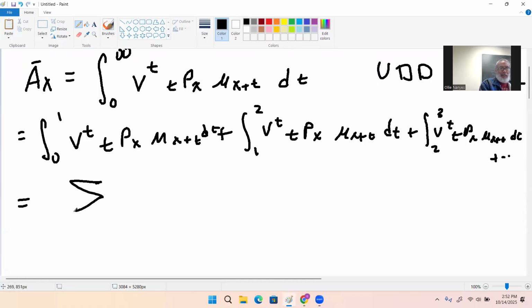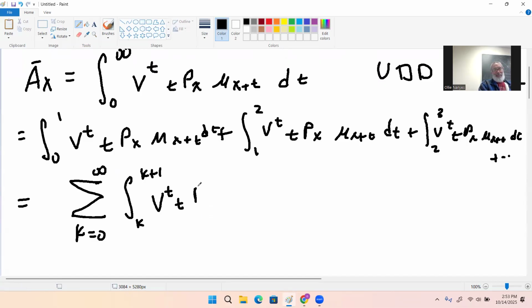We can sum this starting at k equals 0 to infinity, and we're now going to integrate from k to k plus 1. We're still integrating the same thing, but we're integrating these separately.